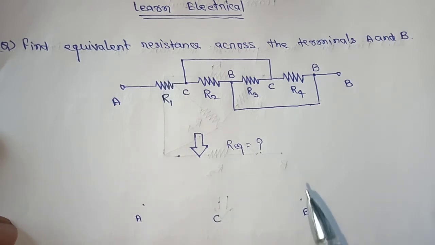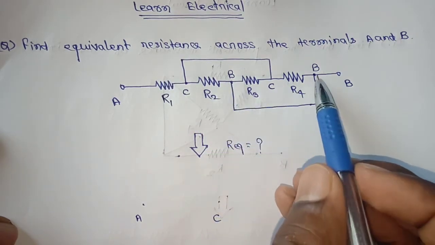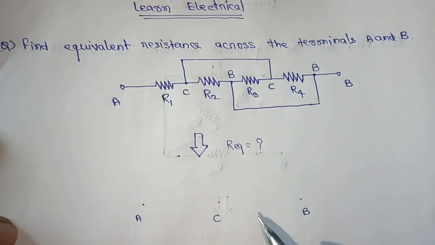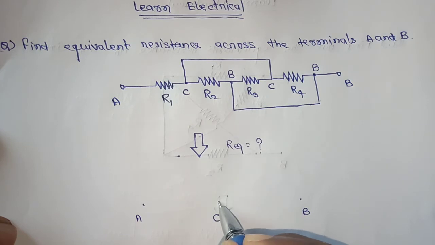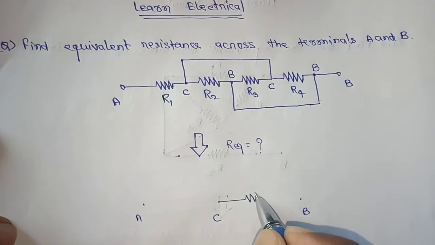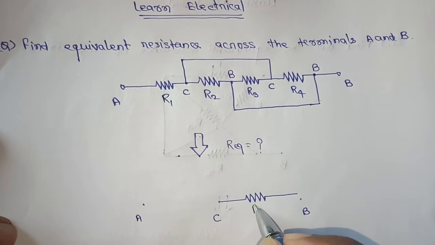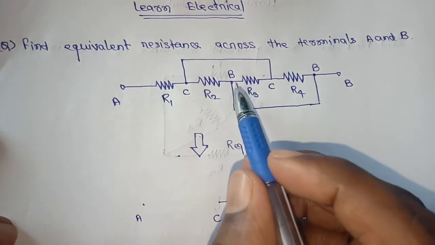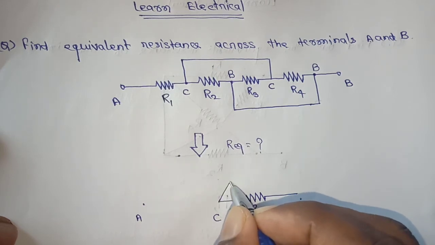Now see between B and C. We have the resistances between B and C. We have one resistance, that is R2. Yes or no? So we have to write R2 here. Again we see here B to C, and there is a resistance, that is R3.